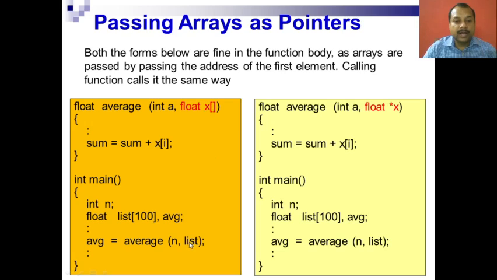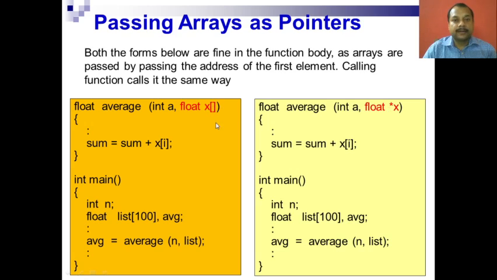What I am doing is just copying the address of list, the base address of list, or the address of the 0th element of list, to x. And in order to do that, I am declaring this x as a pointer variable. Now on the right side, this is a familiar declaration, the same as in the swap we have done, and in this case instead of star I am using square brackets.